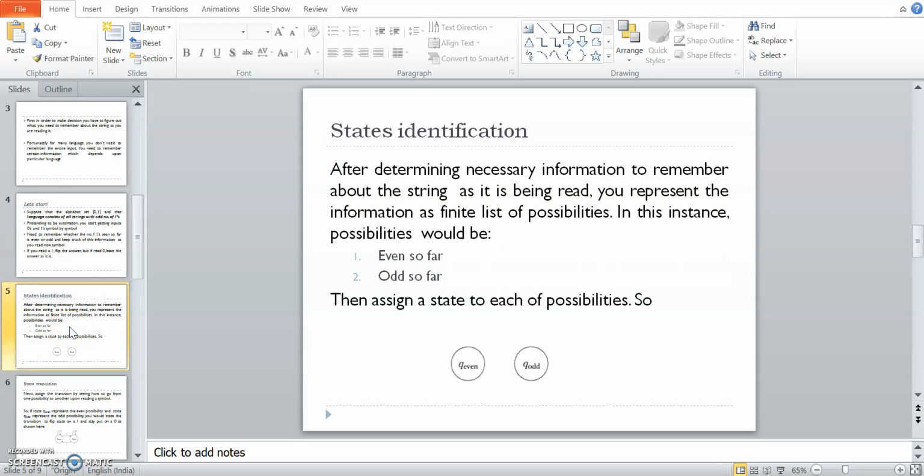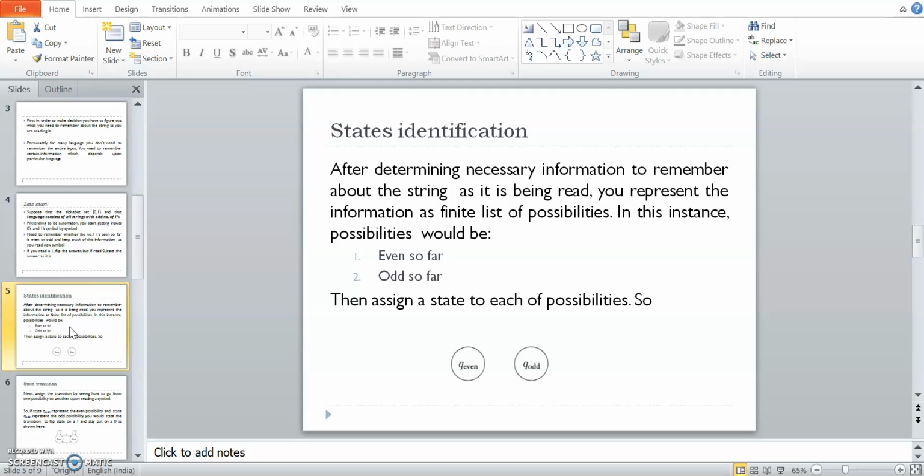Next, how many states are there? We need to find the state transition function, right? So, identification of the states. After determining the necessary information to remember about the string being read, you represent that information as a finite list of possibilities.